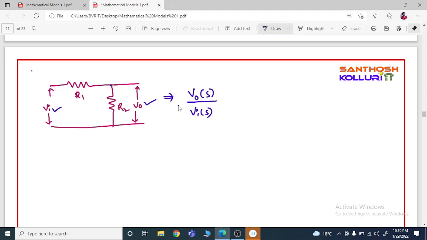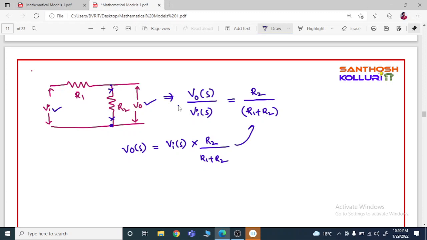From this circuit, output of the circuit can be written as voltage across the resistor R2. From the voltage division principle, this can be written as R2 by R1 plus R2. That means the voltage division rule is V naught of S is equal to total applied voltage Vi of S into voltage across that particular resistor divided by total resistance.